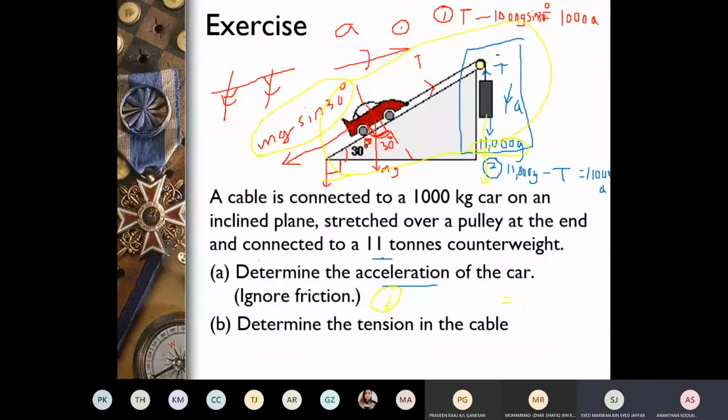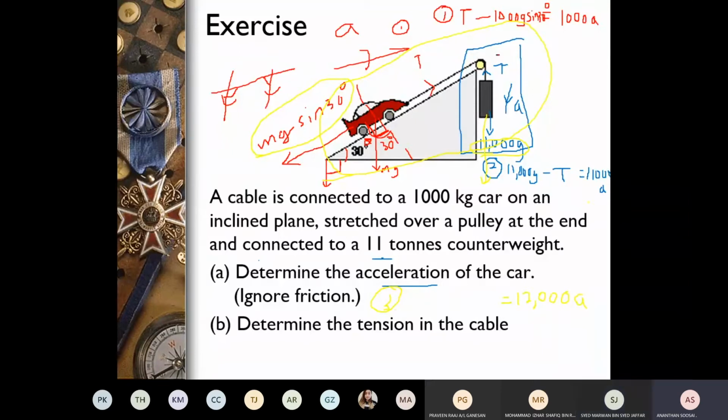M is the entire mass. 1,000 plus 11,000 is 12,000, altogether, right? So the mass is 12,000 A. And the force opposing is mg sin theta.